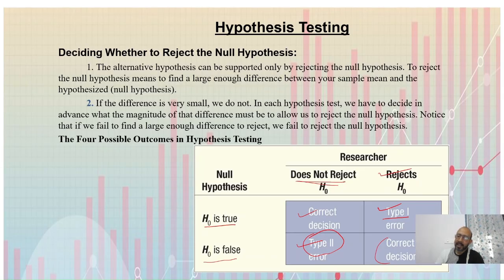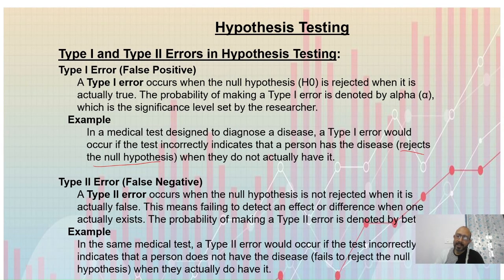The researcher does not reject, but the null hypothesis is false. This means failing to detect an effect or difference when one actually exists. The probability of making a type 2 error is denoted by beta.